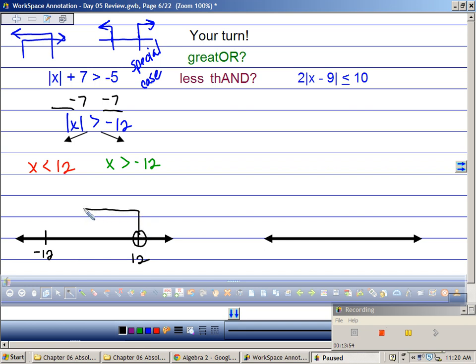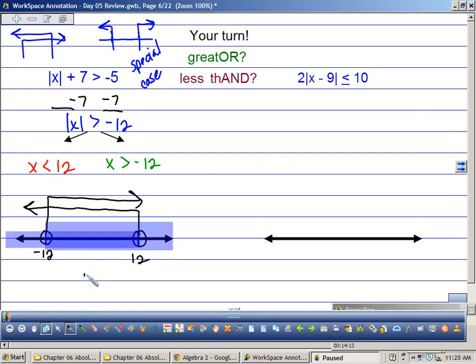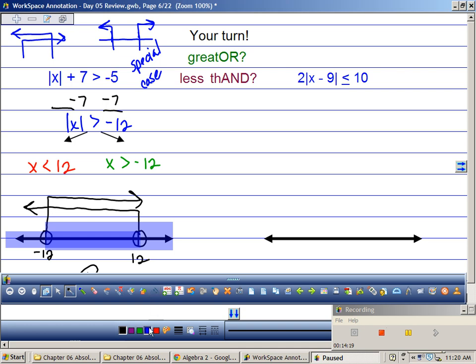The left. And x is greater than negative 12 is to the right. Anytime you have to crisscross like that, you know that this is all of these values plus all of the values in the other direction. Therefore, this is all real numbers. Let's look at this one before we even do it.